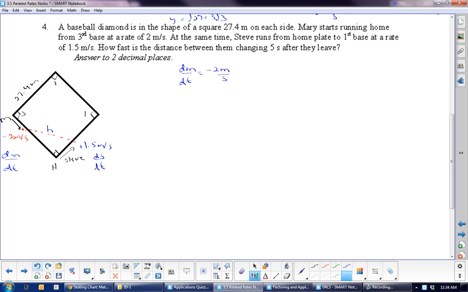And again, I don't think the negative would be as clear until I show the diagram first. We've got ds over dt, that's 1.5 meters per second. We're looking for dh over dt at 5 seconds.